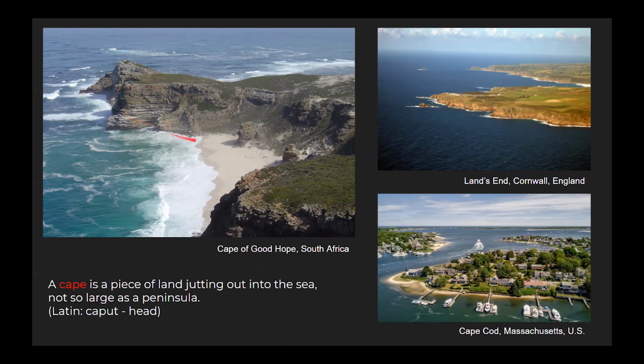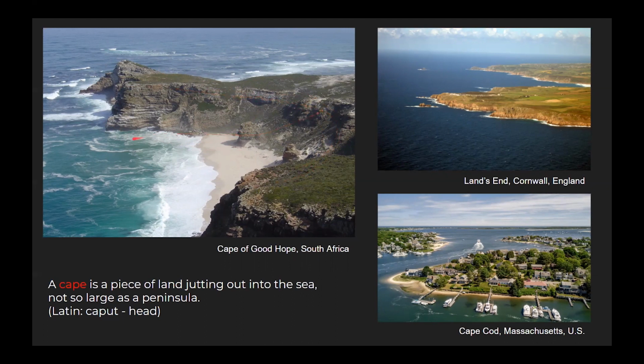Here we have the Cape of Good Hope in South Africa. And that was created as powerful waves slowly eroded away this coastal rock. And the Table Mountain range that this is part of is largely made of sandstone, which is pretty soft.